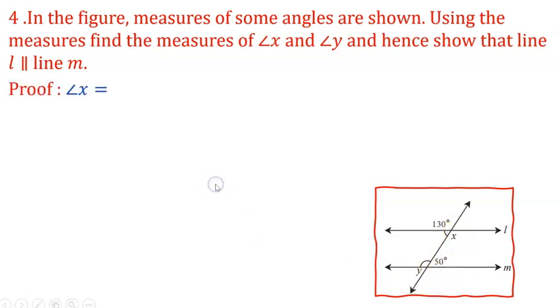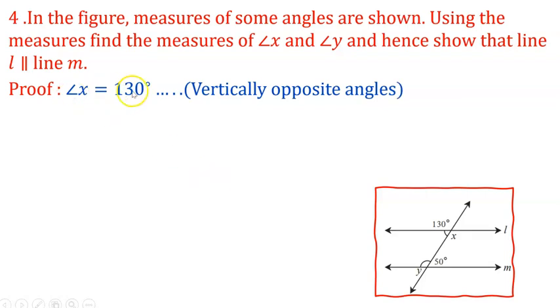Okay. Now the proof. Angle X is equal to 130 degrees because these two angles are vertically opposite angles, and therefore the measure of angle X is equal to 130 degrees.